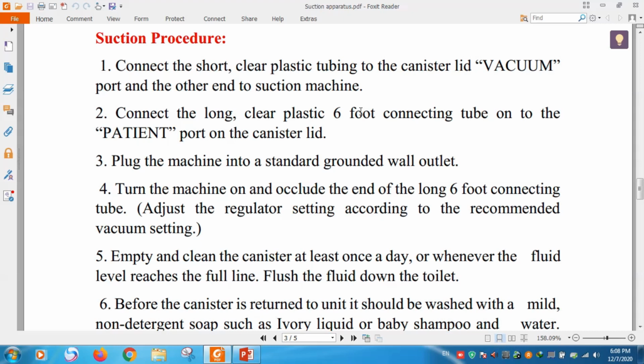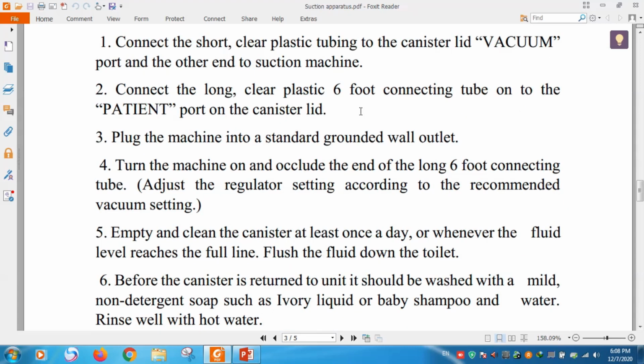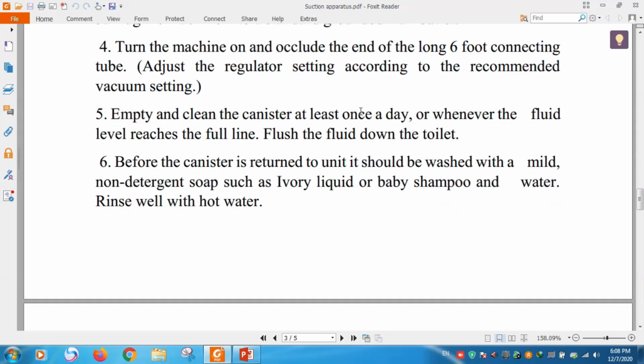Number four, turn the machine on and occlude the end of the long 6-foot connecting tube. Adjust the regulator setting according to the recommended vacuum setting. Number five, empty and clean the canister at least once a day, or whenever the fluid reaches the full line.